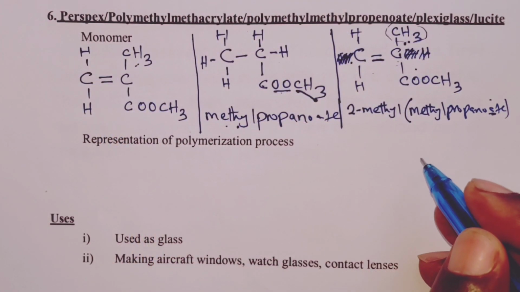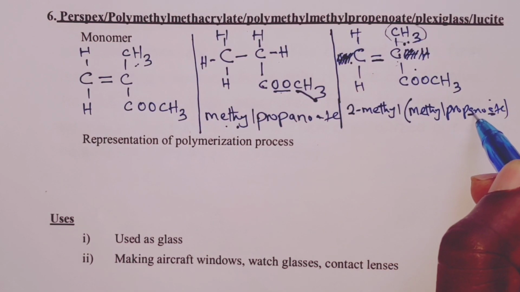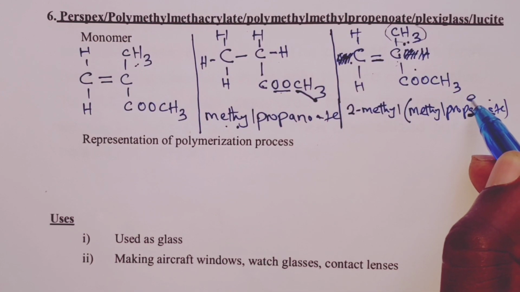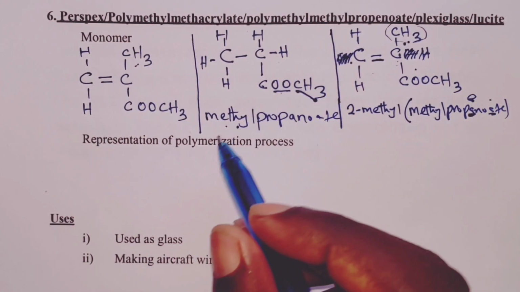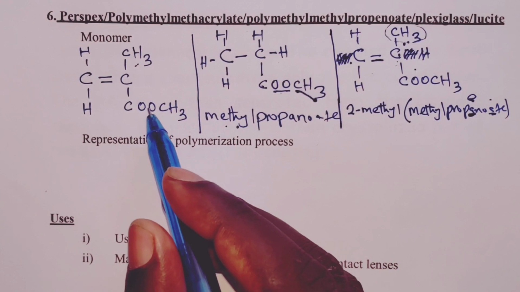Now because of the double bond, the name will now change from propanoate here to propenoate. Learners, I have taken you through a journey of how to name our monomer.